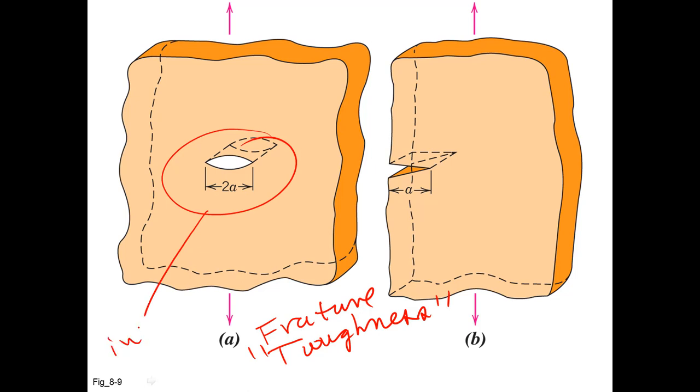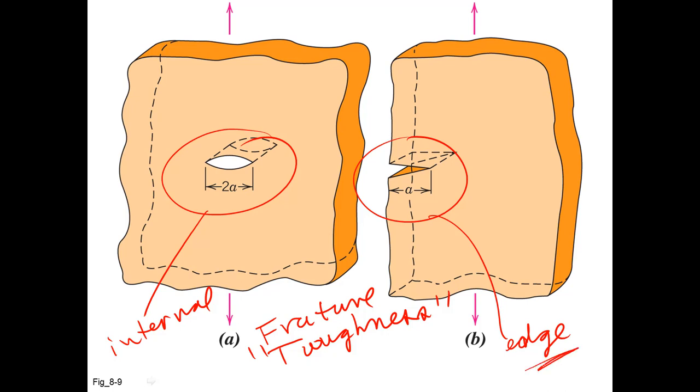We identify two types of cracks here that might exist. One is an internal crack, and the other is an edge crack. And both of these could be common in a sample. An edge crack, for example, could form by a sharp surface object.